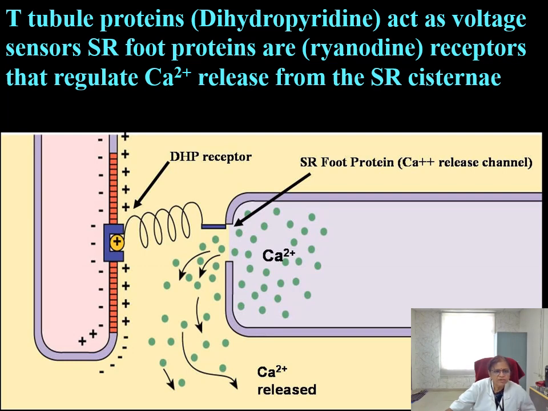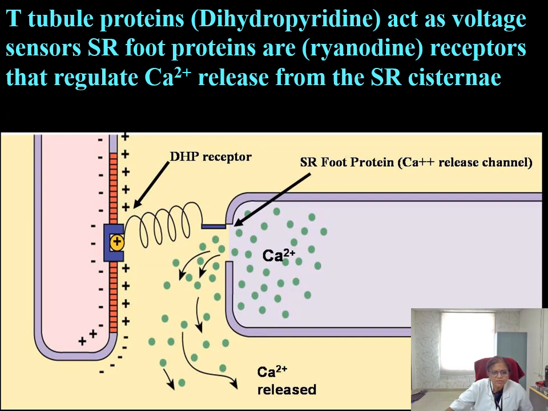Whenever the action potential is passing through the T-tubule, proteins like DHP get activated, and this will start opening the ryanodine receptor, which was previously closed and not allowing the calcium to leak out. Once these ryanodine receptors are open, the calcium will start pouring into the cytoplasm, also called sarcoplasm. So this is nothing but the excitation process, and contraction has still not started.